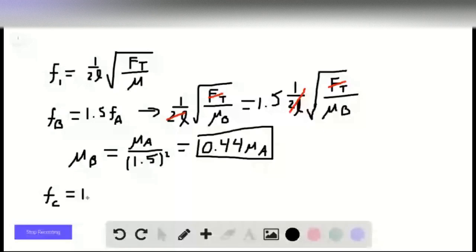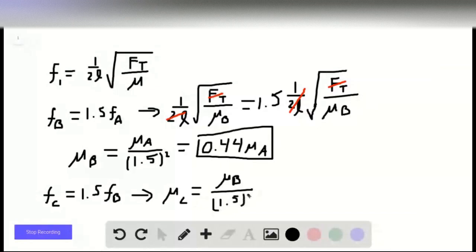Fc is going to be equal to 1.5 times Fb, because that's its adjacent neighbor. Well, using the exact same logic we just used, we're going to end up with the ratio of mu c is equal to mu b divided by 1.5 squared.